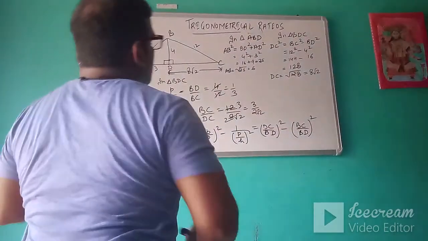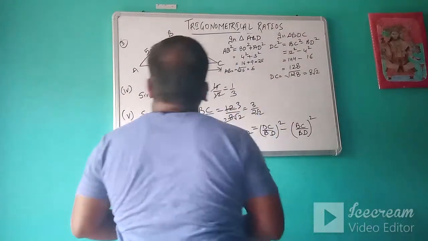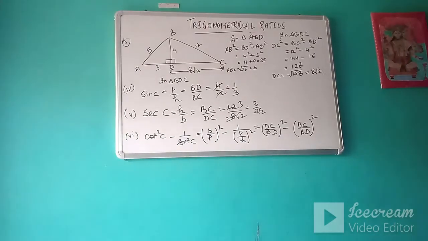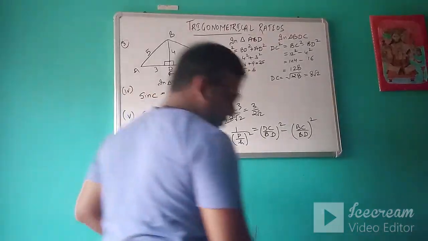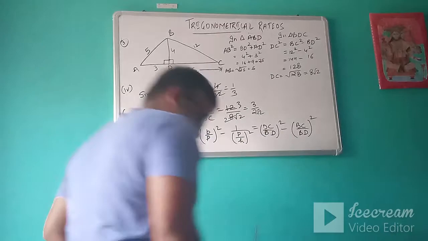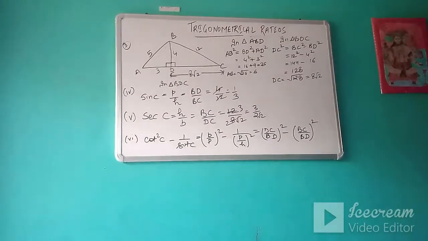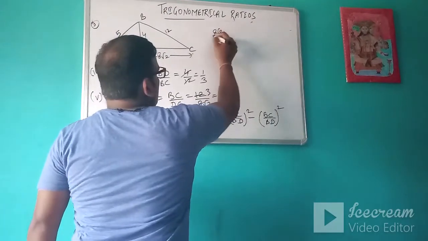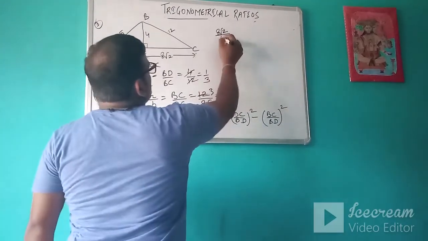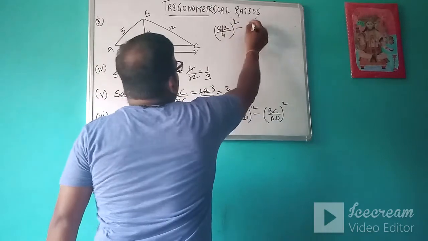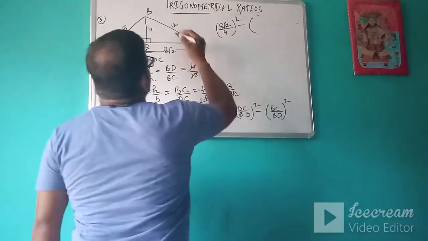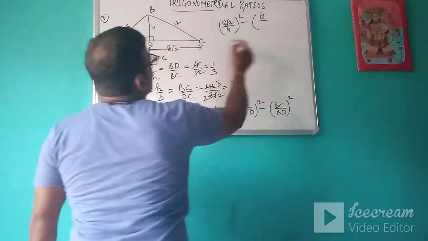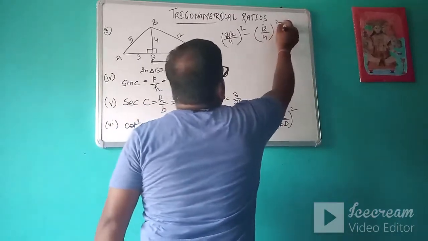Okay. Next we will put the values. So DC is our 8 root 2 and BD was 4 whole square minus BC is our 12 upon BD is our 4 whole square.